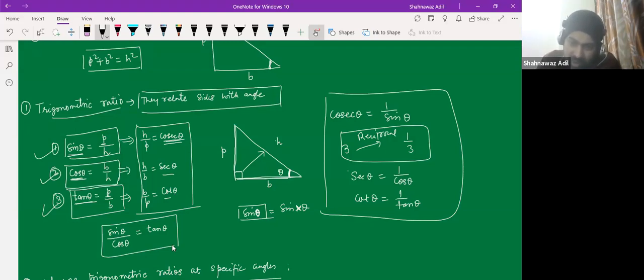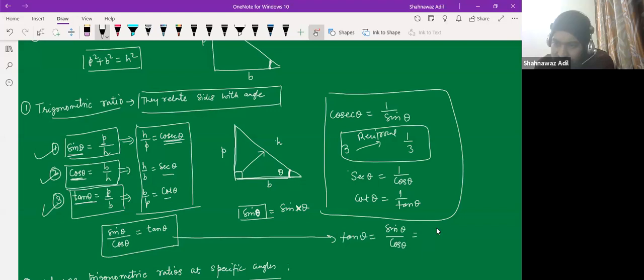We also learned how tan theta is related to sine theta and cos theta, because what is sine theta? This is P by H, right? And how much is cos theta, Amar?